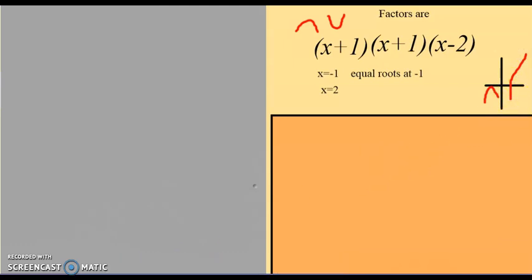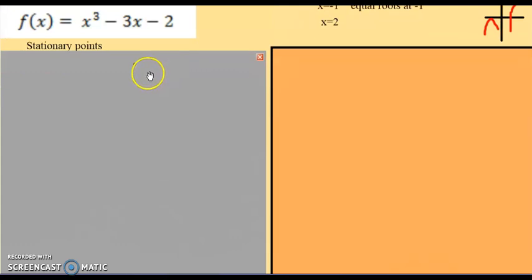So let's continue. My next step is to find the stationary points. For the stationary points, I need to find the derivative of the function, equate that answer to 0, solve for x, substitute it into the original function, and calculate the corresponding y values.